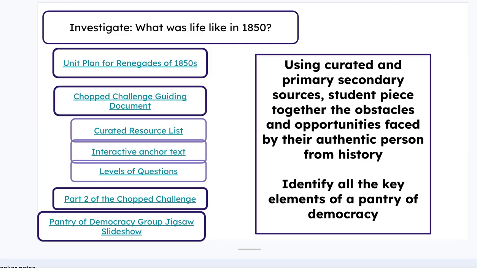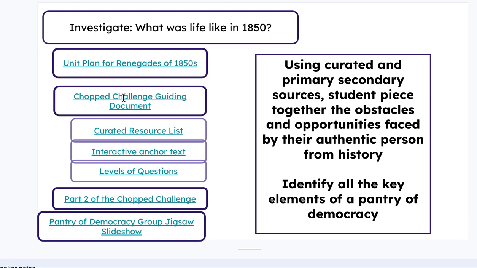So let's talk about what's actually in the slideshow available to you. This activity has many elements to it. This often came at the beginning of the year for me, just to give context. And the key is to understand obstacles and opportunities for an authentic person from history.